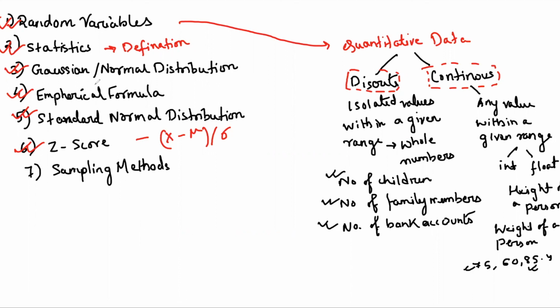I guess right now you have quite a few ideas about what random variables are, what statistics is, what normal distribution is, what the empirical formula is, the difference between standard normal distribution and normal distribution, and a little bit about Z-score, right?